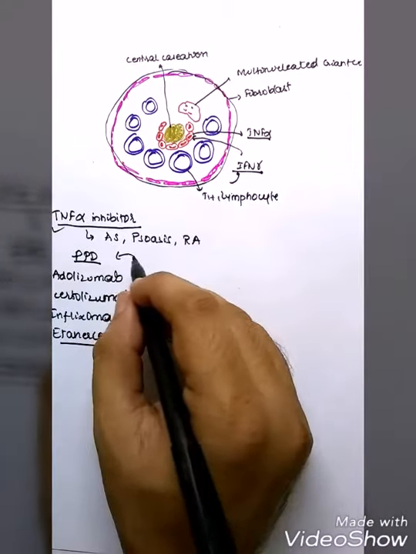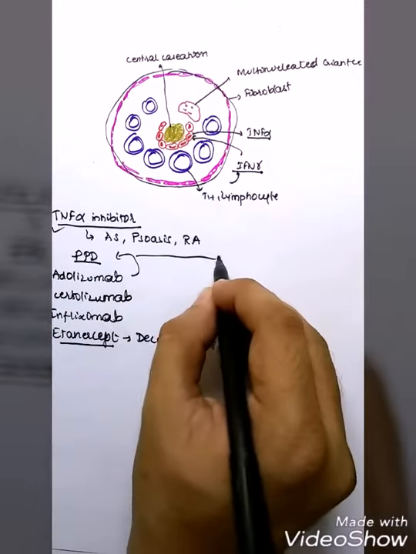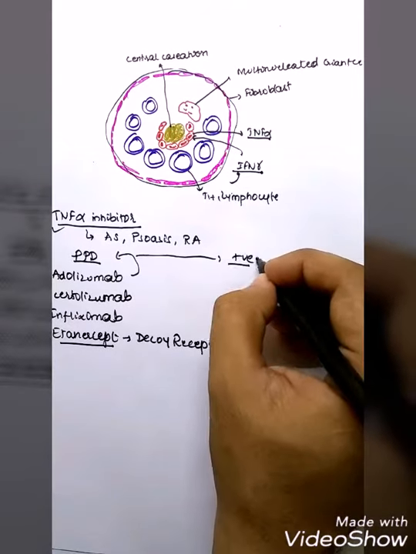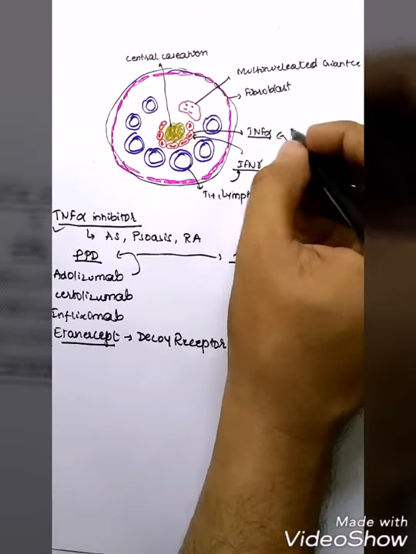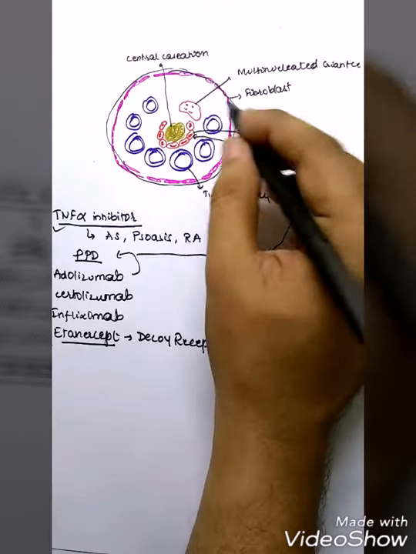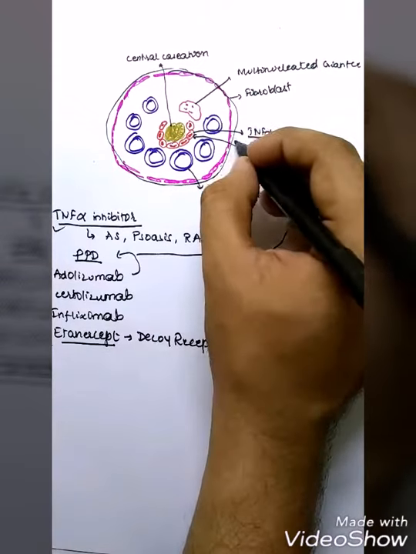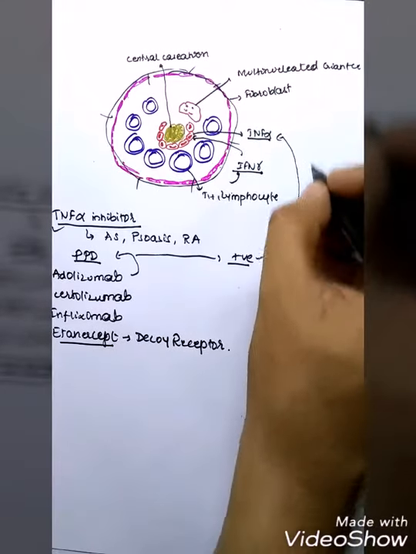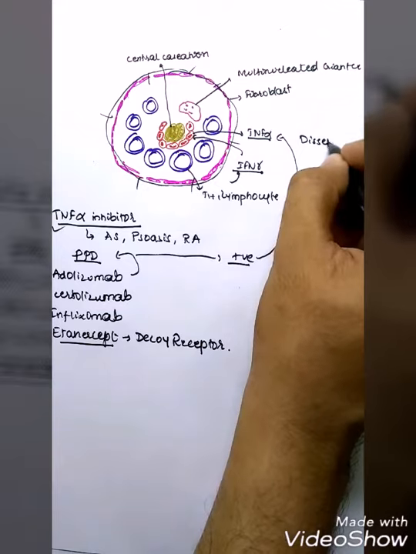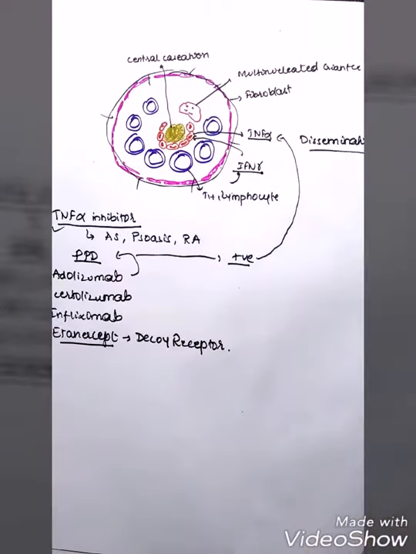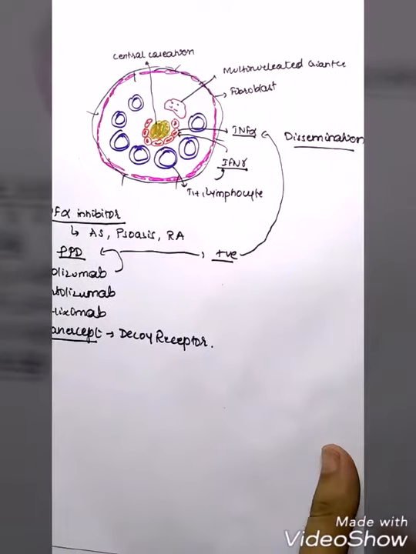We do the PPD test, which is the tuberculin test. If it comes back positive, we avoid these drugs, because if we give a tumor necrosis factor alpha inhibitor, the granuloma will no longer be maintained and it bursts out and the TB will disseminate. So dissemination of the TB will occur if I prescribe a tumor necrosis factor alpha inhibitor.